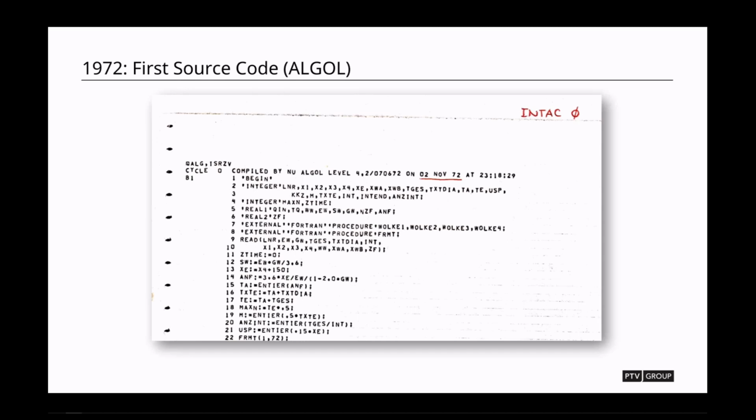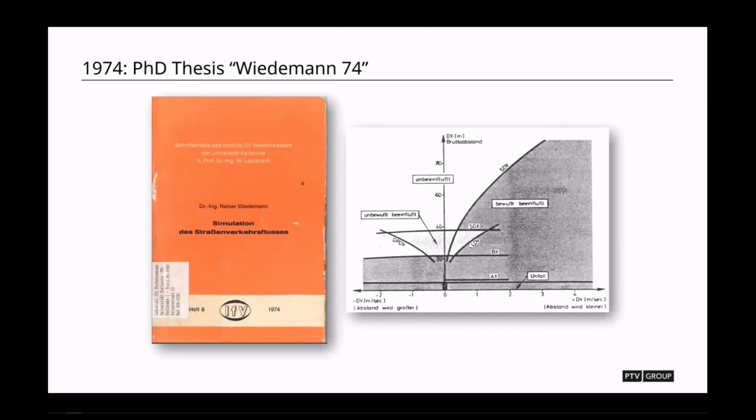This development resulted in his PhD thesis, and that is what is nowadays known as Wiedemann 74, which is basically the publication which contains that very basic car following model.